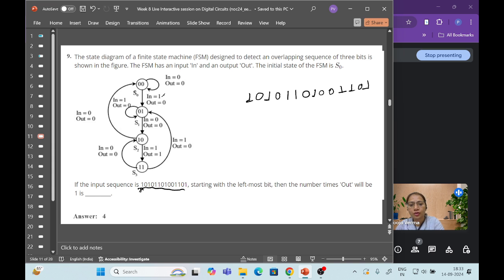I'm starting from here. When in is equal to 1, out is equal to 0 here. It is moving from state 00 to 01.